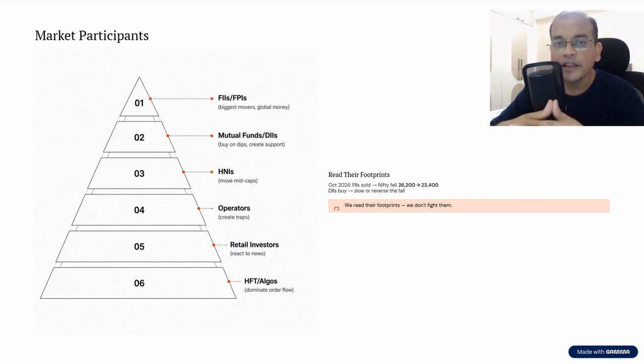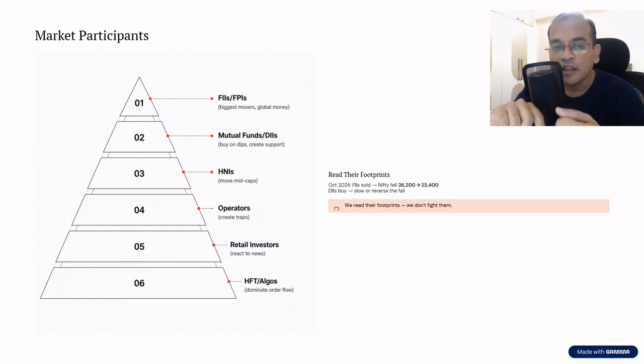HNIs are the high net worth individuals who have more investable funds with them, and they have the ability of moving the mid caps. And we have the operators also, and then we have the retail investors like you and I, who react to the news and we trade using normal apps like Zerodha or TradeSmart or a Groww app. And then we have the high frequency traders as well as the algo traders.